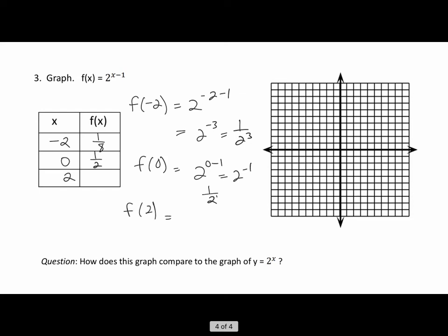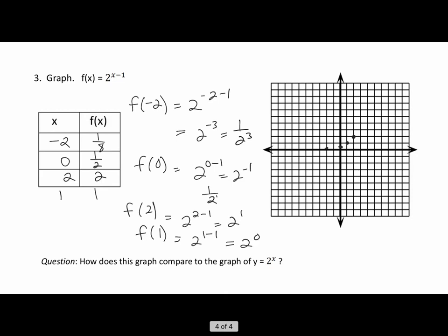And if we evaluate this at 2, then that's 2 to the 2 minus 1, which is 2 to the 1, and that's 2. If we were to evaluate this at 1, let me get one more point here. That'll be 2 to the 1 minus 1, which is 2 to the 0, and that will be 1 for y. So let's plot those points. Negative 2, 1/8; 0, 1/2; 2, 2; and 1, 1.